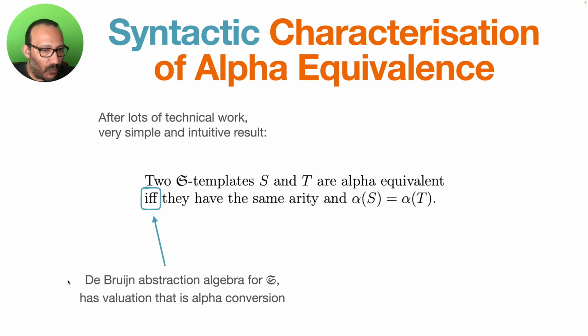And the only thing really that's interesting about it is that this abstraction algebra has a valuation which is the same as alpha conversion. Okay, and so that means if we have two templates now that are alpha equivalent, they must evaluate the same under all valuations, in particular under this valuation that is alpha conversion, and that means that the alpha conversion of those templates must be the same.